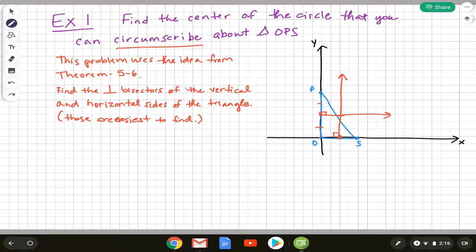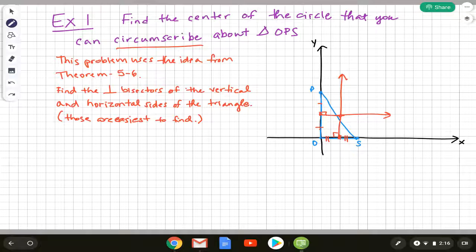Okay, so here I found where these two lines intersect. Now I could draw in the third perpendicular bisector, but since they're all going to intersect at the same point, I don't really have to draw another one in. The perpendicular bisector of PS should also intersect here at this point.